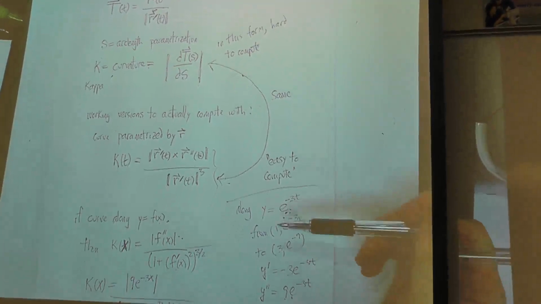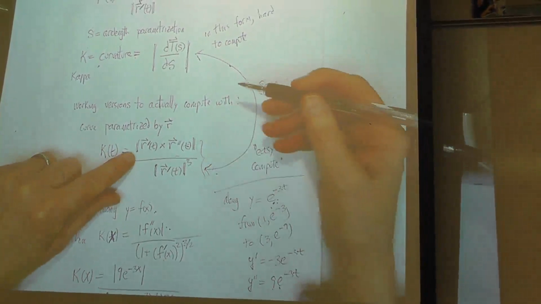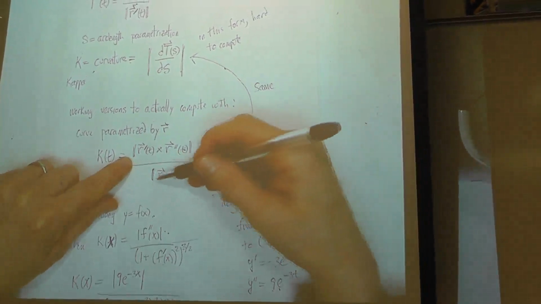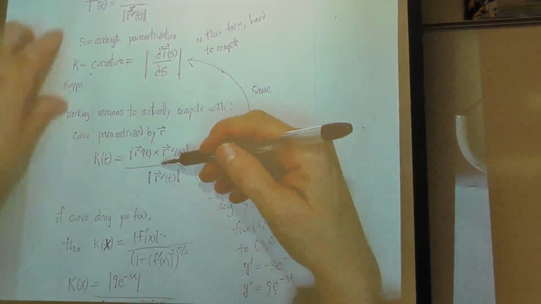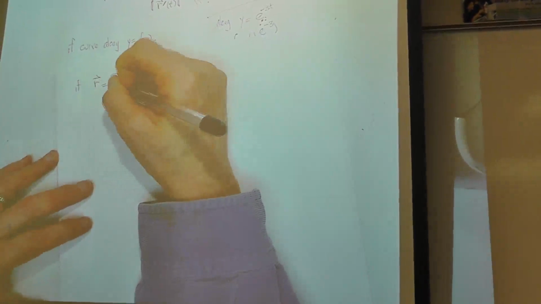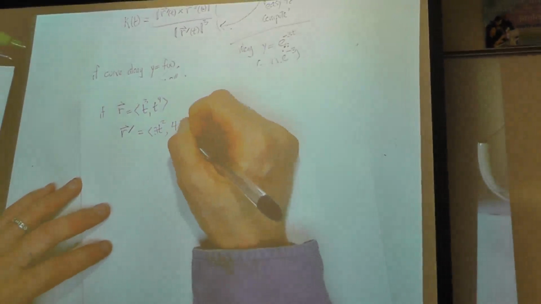Okay? The other thing I need to be careful with is if your curve is two-dimensional, your r and your r prime are two-dimensional, and cross products are only defined for 3 dimensions. So if your r was something like, let's say, t cubed, t to the 4th, just trying to do something that's easy, then r prime here is 3t squared and 4t cubed.